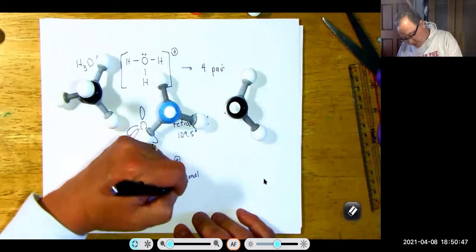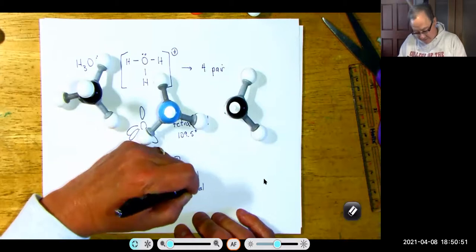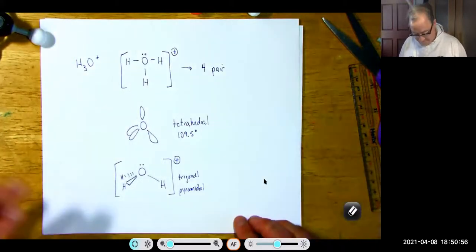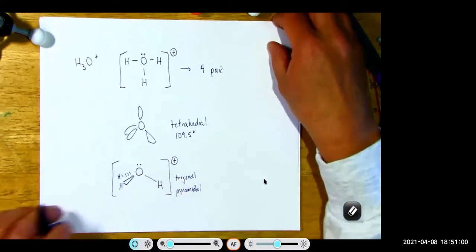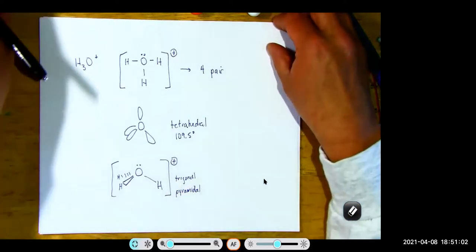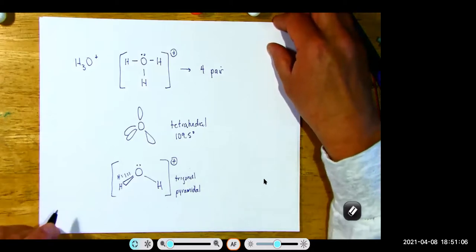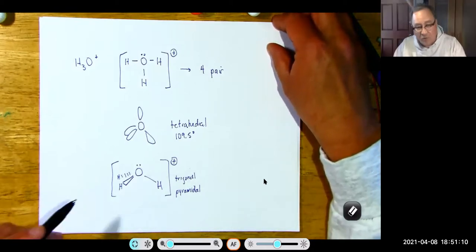And if you want to sound snooty, what do you say? You say trigonal pyramidal. How do you pronounce that? Pyramidal or pyramidal? Like, tomato. I always struggle with chemistry pronunciation. I say pyramidal because I know the word pyramid.